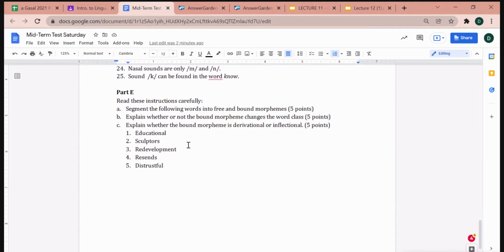Okay, last part E. Educational. Segment the word. Educate is a free morpheme. Ion and al are bound morphemes. Okay, good. All bound morphemes. Derivational suffixes change the word class. All the bound morphemes are derivational.